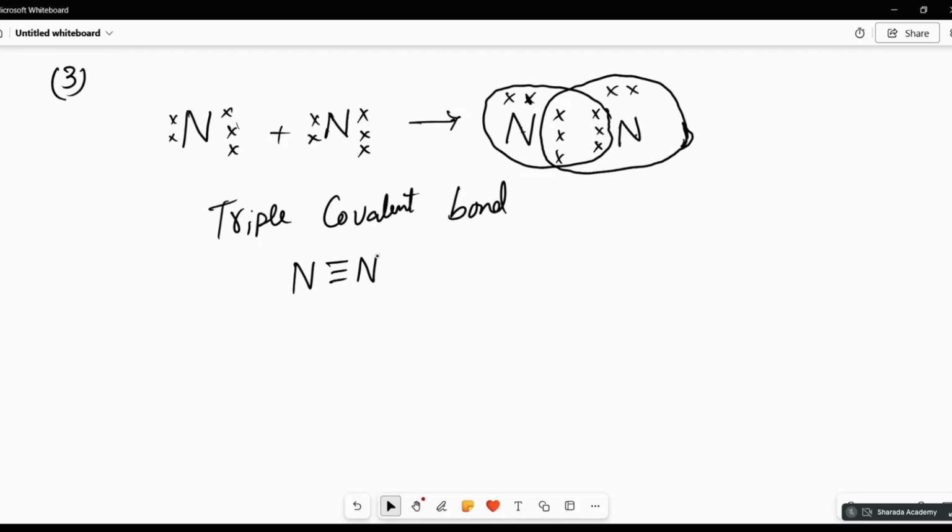That is why, for example, in hydrogenation of oil, dalda is formed. You would have heard of that. Dalda is difficult to digest, whereas oil is easier to digest when you compare with it. Dalda is a saturated fat, that is, it has single bonds.